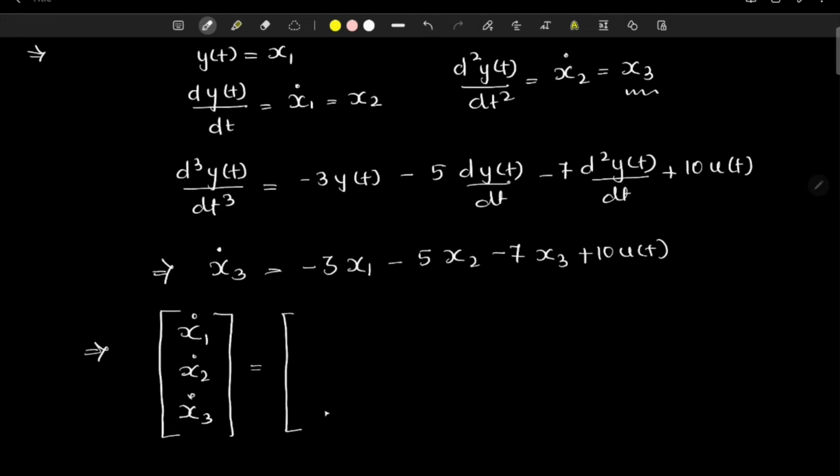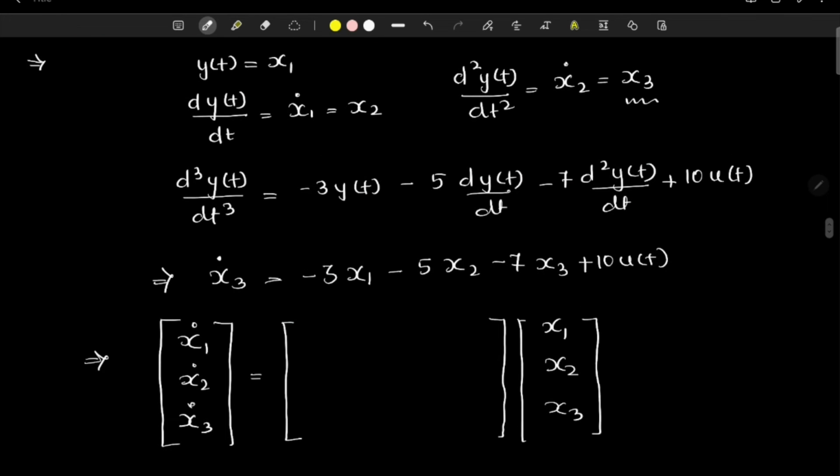This is equal to, this will be x1, x2, x3. Okay, so what is x1 dash? That is x2, right? So we can write this as 0 1 0, okay, because x1 dash is x2. So these two terms will be equal to 0.